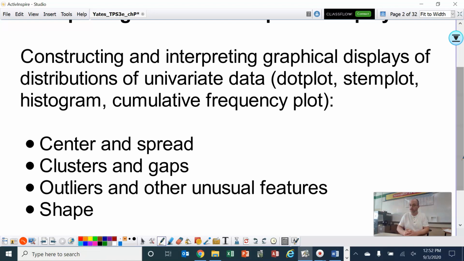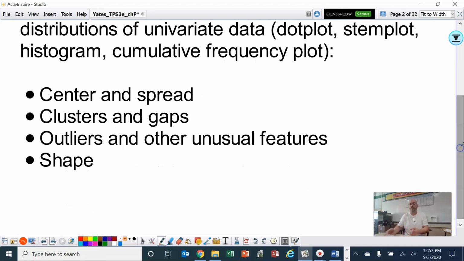If you're not familiar with those, I'll talk about those, and you're going to find those in the textbook. And also remember, and I'm going to point this out, ladies and gentlemen, Khan Academy, you all have Khan Academy accounts, has a lot of beautiful stuff for AP Stats. So I want you to use that as a supplement to this class. And I'll talk more about that as we go.